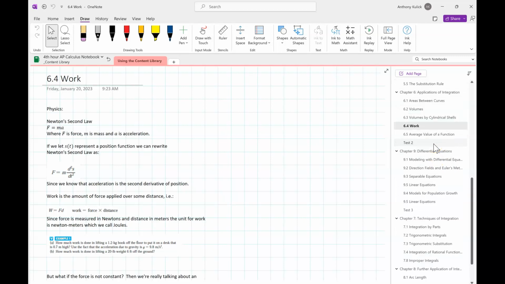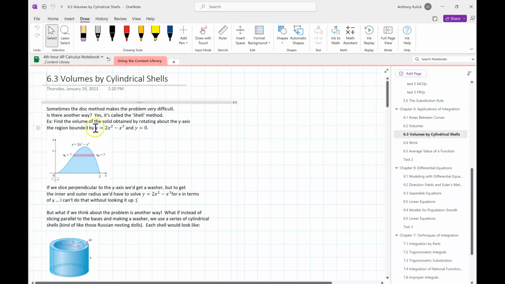I think for students, it probably tends to be this volumes of revolution idea. This will vary depending on how good your three-dimensional imagination is. If you can imagine what the thing looks like, it makes it much easier to come up with an equation for the cross-sectional area.